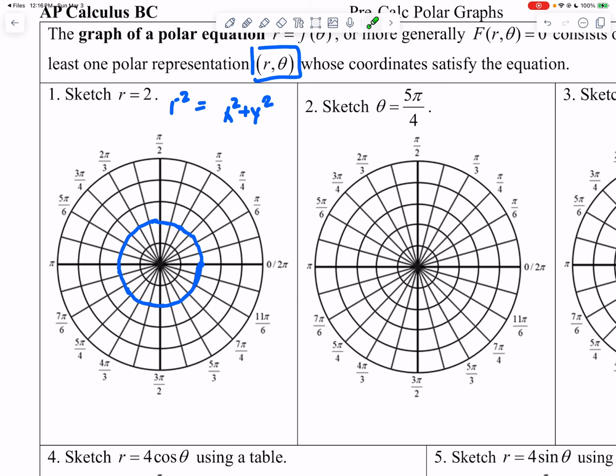And if I'm squaring r here, this means that my r squared is going to be 4, which means that my radius is going to be 2. So I have x squared plus y squared, which is r squared, and then of course I'm going to have to square r to get 4 right here.